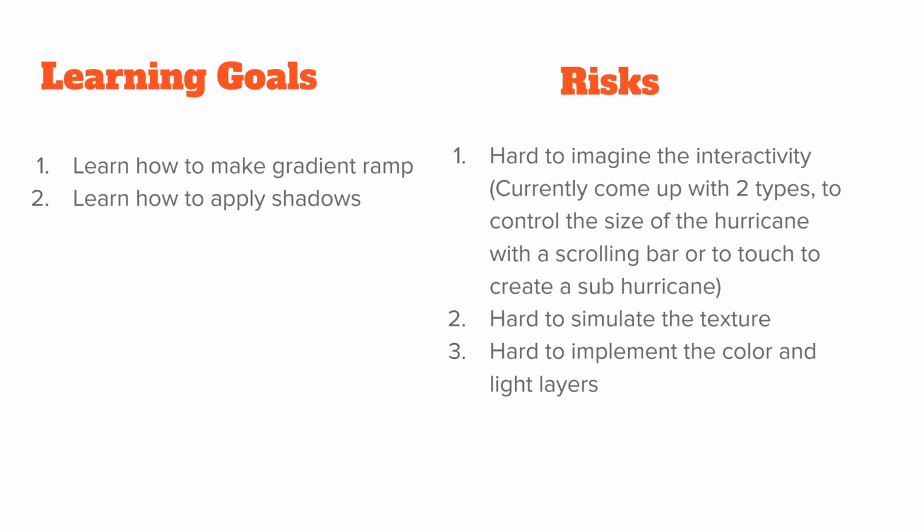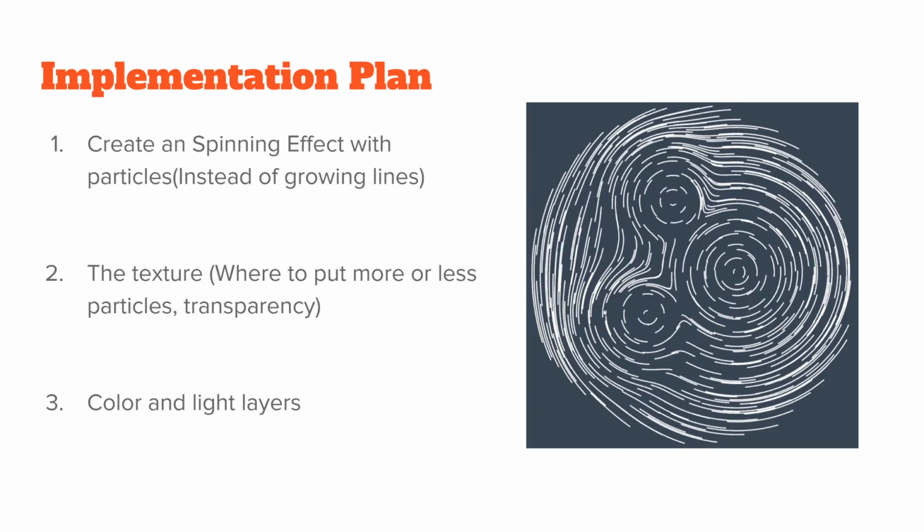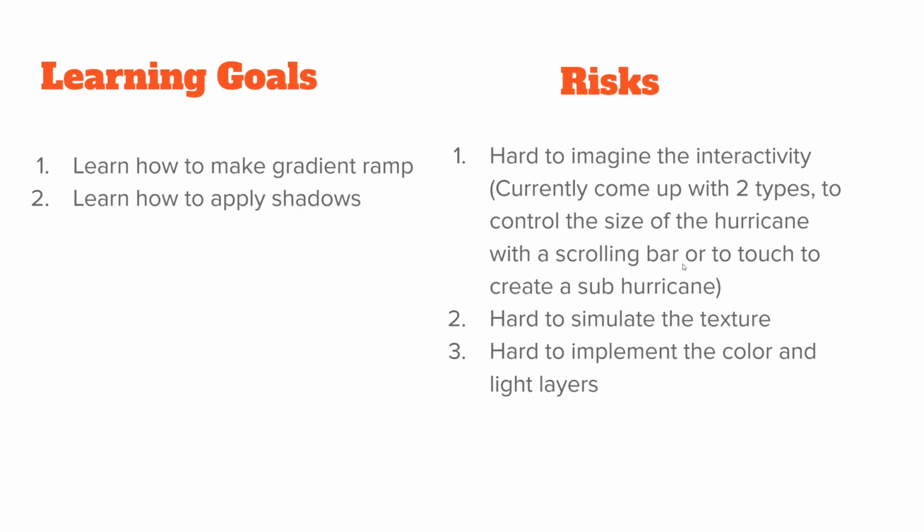The first one is to control the size of the hurricane with a scroll bar, and I'm not sure whether to do this or not. The second one is to touch it to create sub-hurricanes. I'm not sure how other interactivity can work, so I really need help with this one.